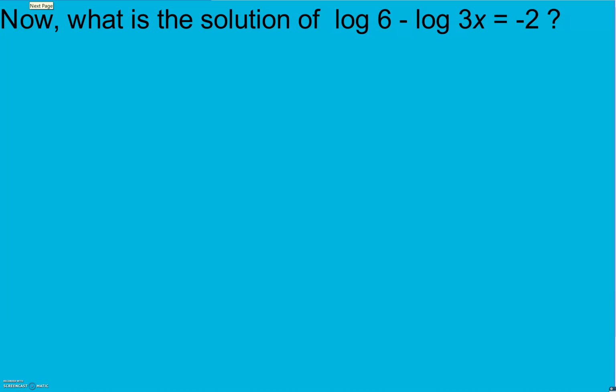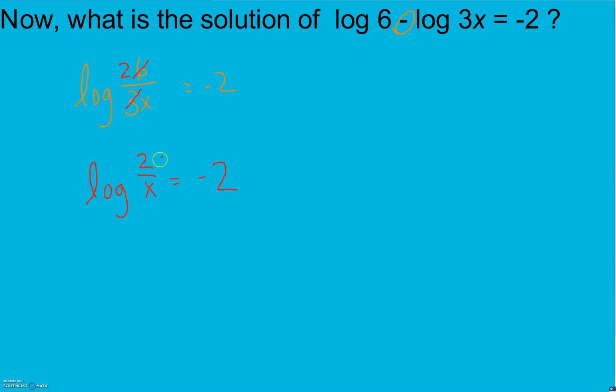Go ahead and try this one. Again, we're going to combine these into one logarithm. So I'm going to have log of 6 divided by 3x equals negative 2. When we have subtraction, we combine them by dividing. Simplify here, and we get log of 2 over x equals negative 2.